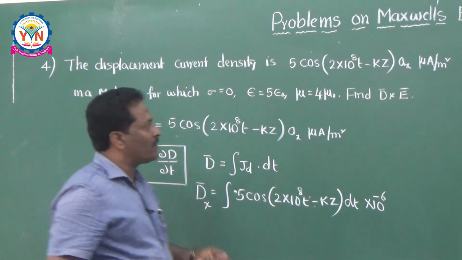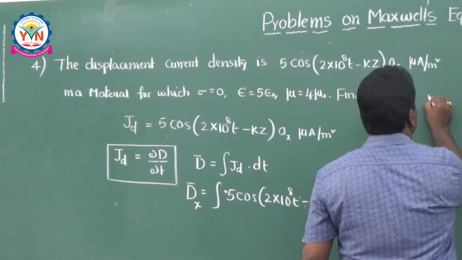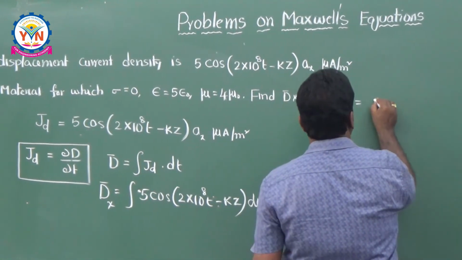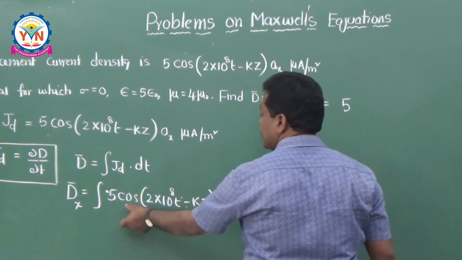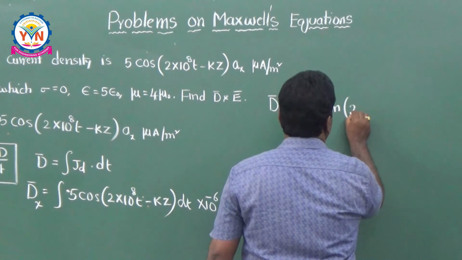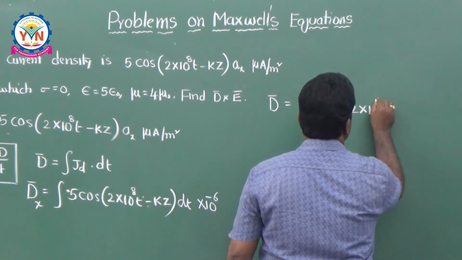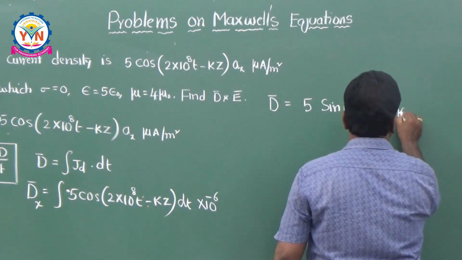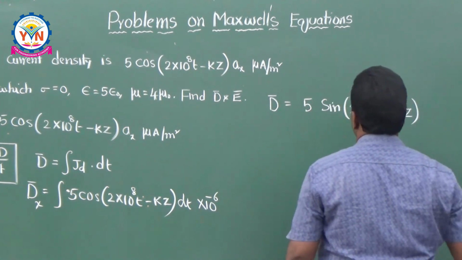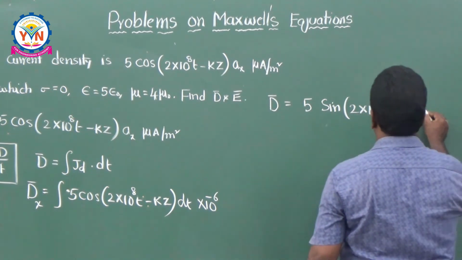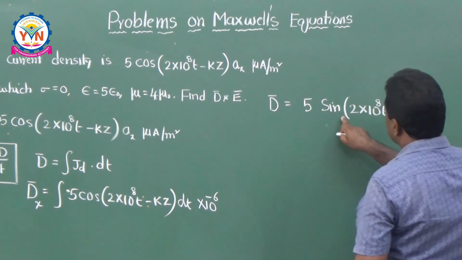Therefore D bar is equal to, so 5 is constant. The integral of cos is nothing but sine of (2 into 10 power 8 t minus kz), and what is the derivative of the argument? 2 into 10 power 8.